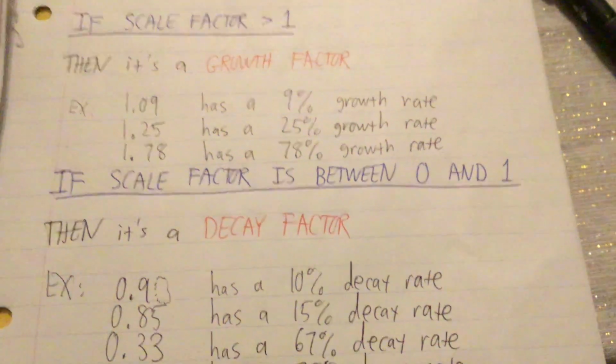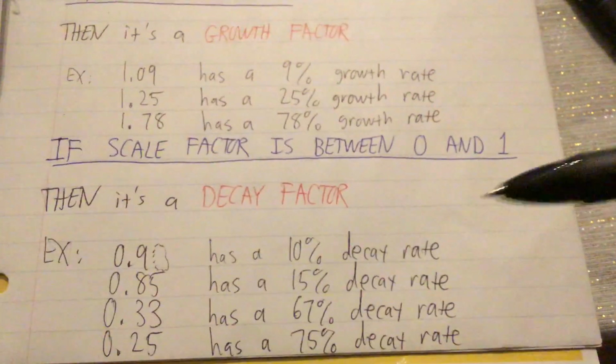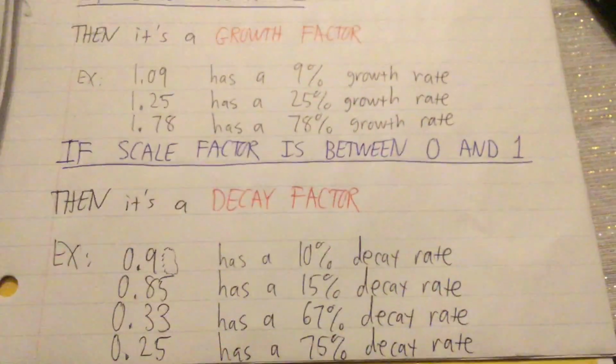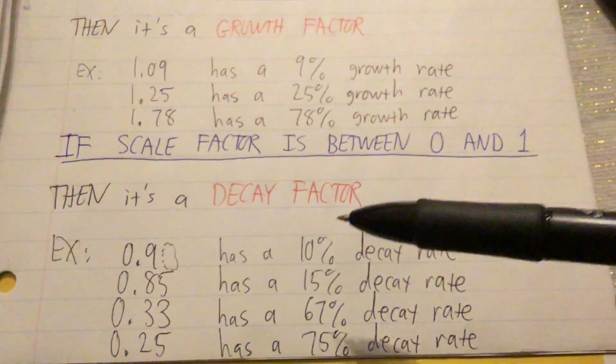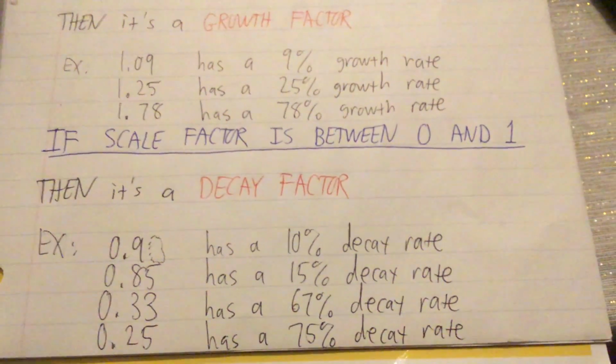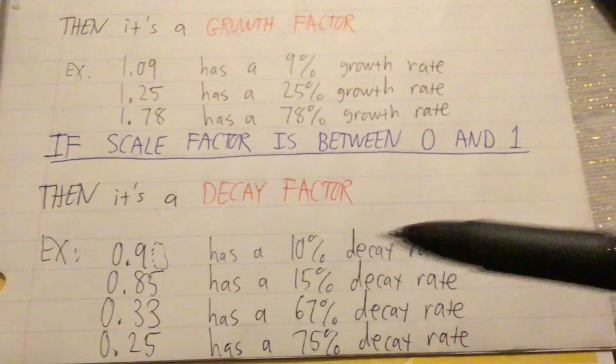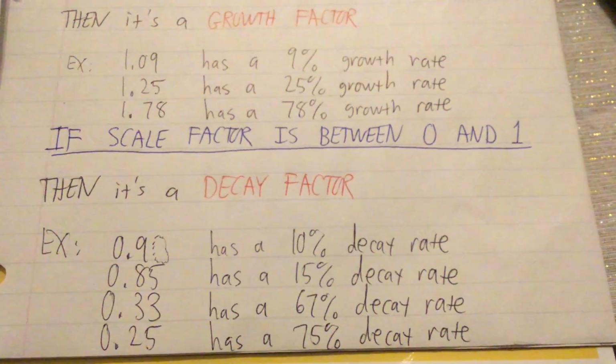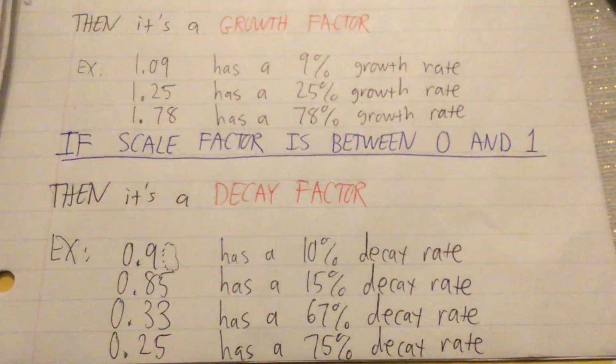Now, if the scale factor is between 0 and 1, then 0.9 maintains 90% of its original amount at a 10% decay rate. 0.85 has a 15% decay rate. 0.33 has a 67% decay rate. Ooh, that's huge. And 0.25 has a 75% decay rate.